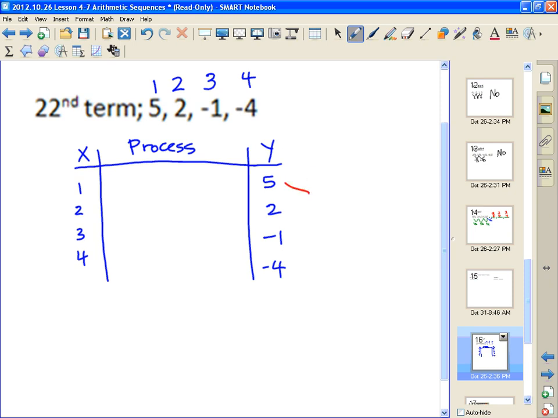So from 5 to 2, what happens on our y values? Goes down 3, right? And from 2 to -1, it goes down 3. And from -1 to -4, it goes down 3. And what's happening over here with our x's?